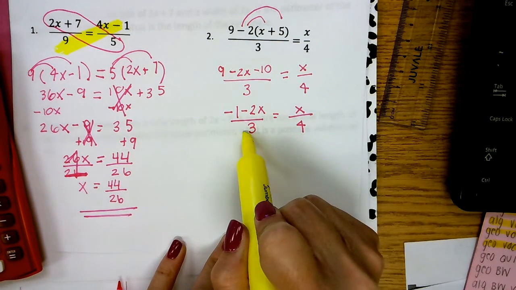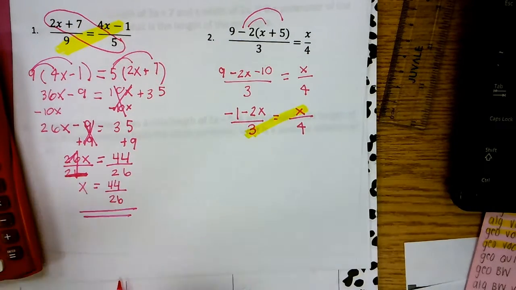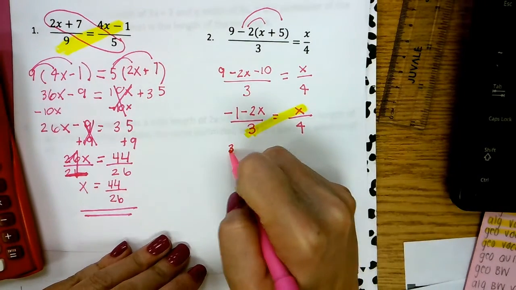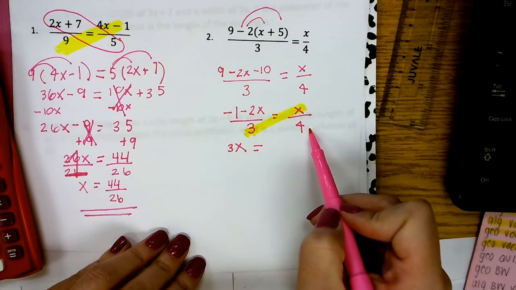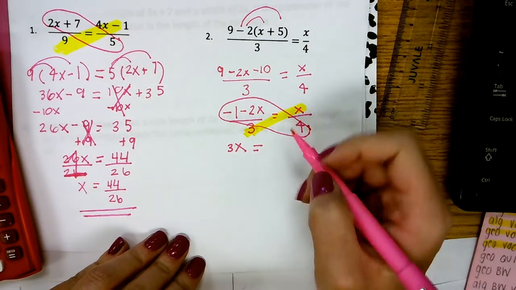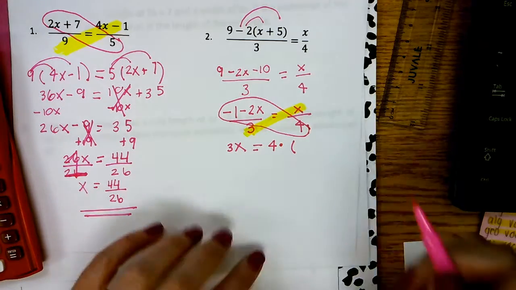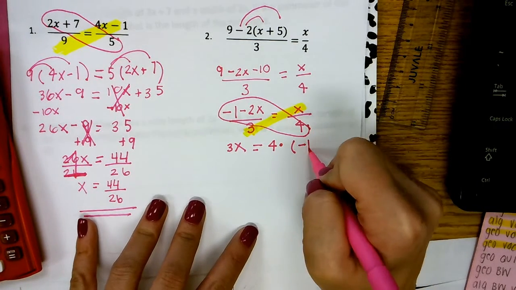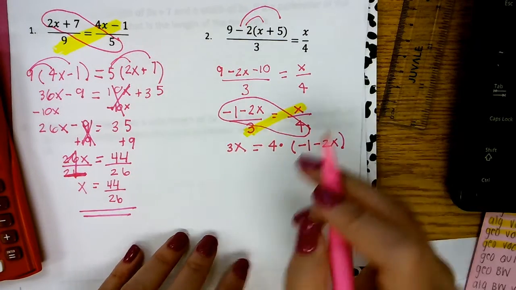Remember, denominator of the first fraction times numerator of the second fraction. So 3 times x is going to give us 3x. And then it's 4 times the numerator, which you want to put in parentheses: negative 1 minus 2x.